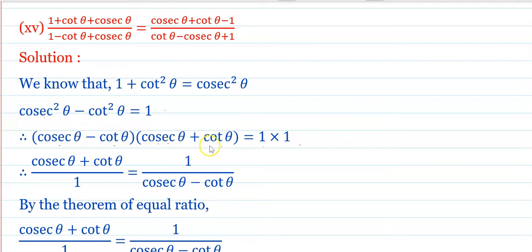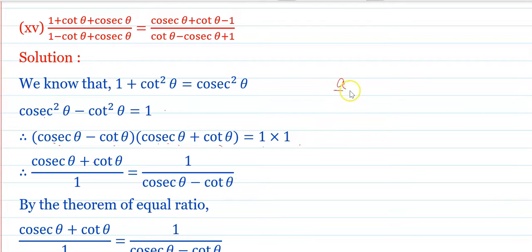Therefore this can be written as, keep the cosec theta plus cot theta here divided by 1, and bring this term cosec theta minus cot theta to the right hand side, and hence you will get cosec theta plus cot theta upon 1 is equal to 1 upon cosec theta minus cot theta. Now here we will apply the theorem on the equal ratio.